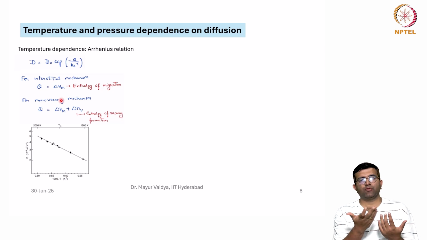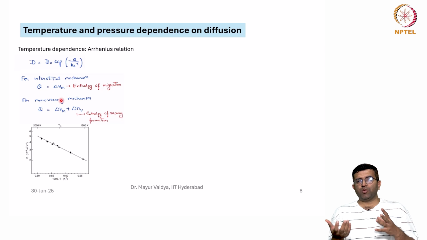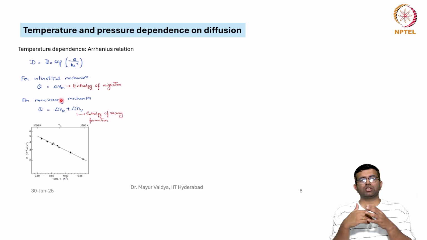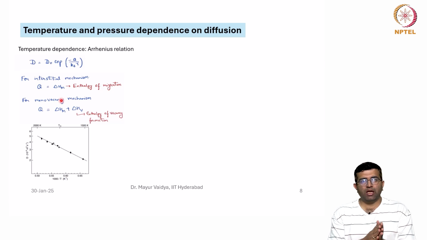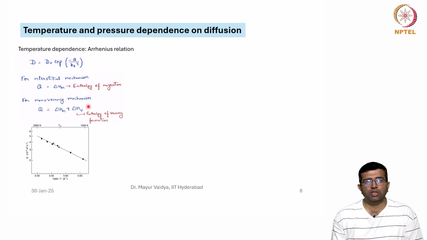For the interstitial mechanism, Q is equal to delta Hm, the enthalpy of migration, because interstitials are present everywhere and you do not need additional energy to create that defect. For the monovacancy mechanism, Q is equal to delta Hm plus delta Hv, which is the enthalpy of vacancy formation. So this term gets added there.